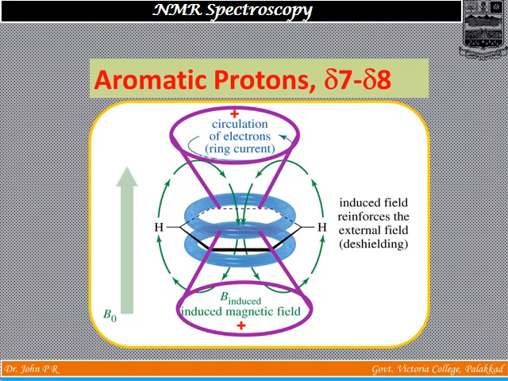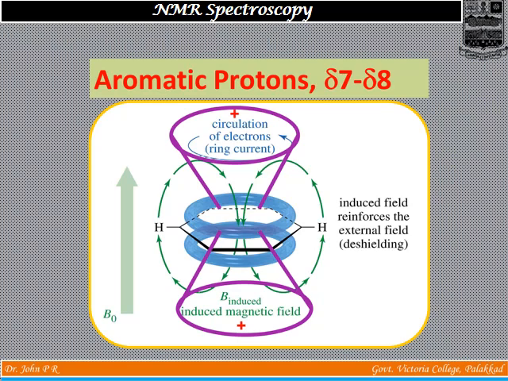We can put a plus sign that represents the shielding. The other regions are de-shielding. So the shielding cones are above and below the plane of the benzene ring. But we know that all hydrogens in the benzene ring are in the horizontal plane. So those hydrogens are de-shielded.